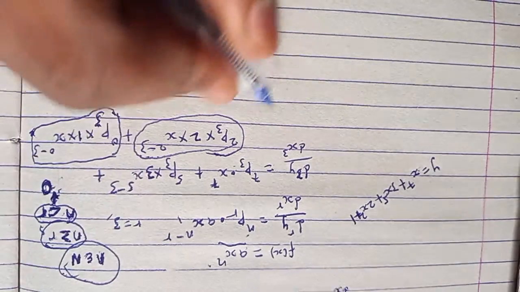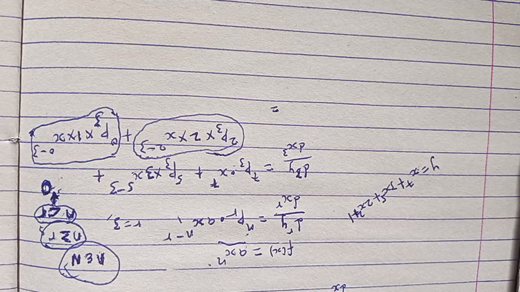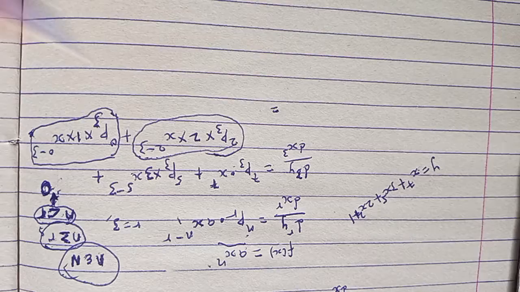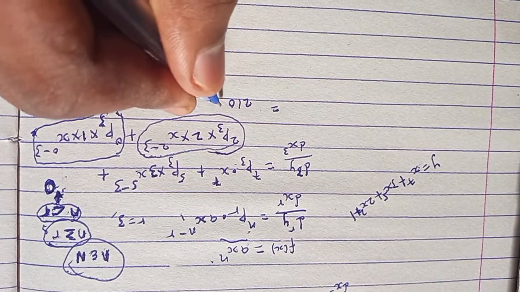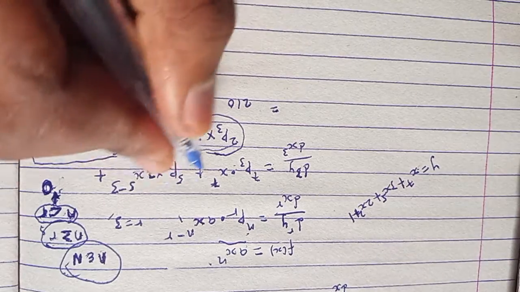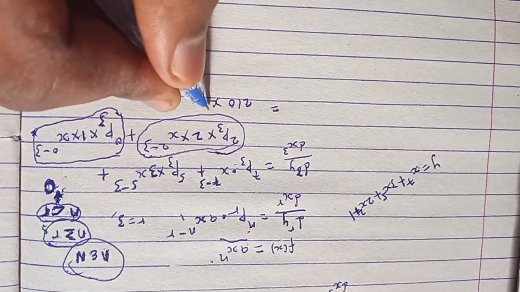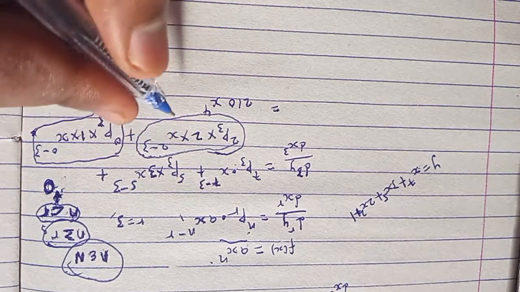Then moving on, we'll have 7 permutation 3. What will 7 permutation 3 be? 7 permutation 3 is 210. Sorry, this is actually minus 3. So we'll have it times x to the power 4 when you subtract the 3 from the 7.